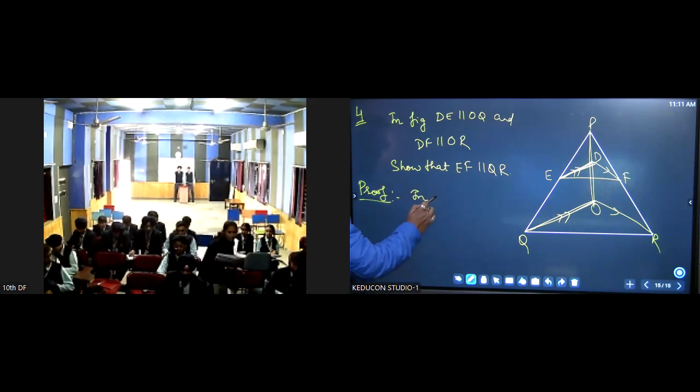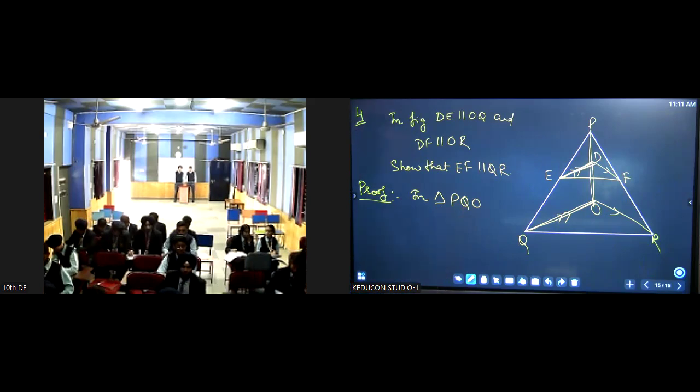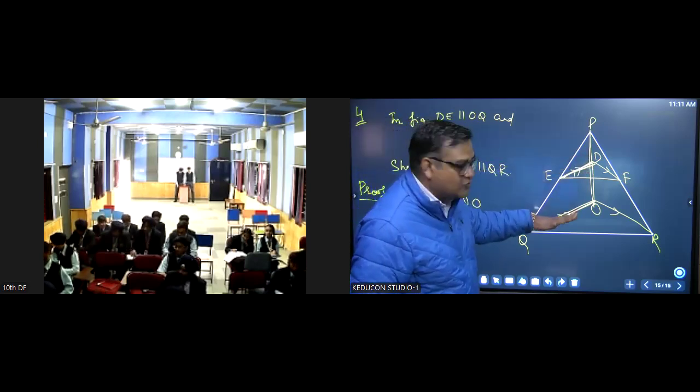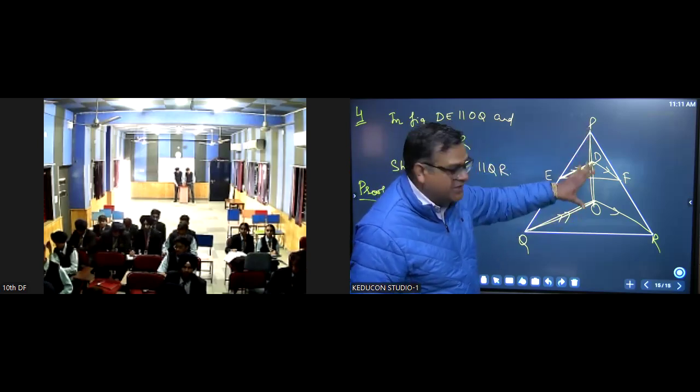In triangle PQO, if DE parallel to OQ, अगर ये दोनों पैरेलल है तो व्हाट विल हैपन? PE upon EQ will be equal to PD upon DO.